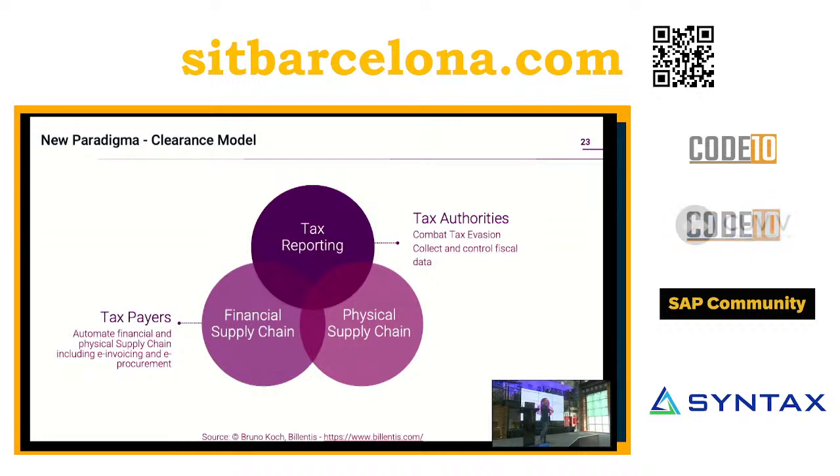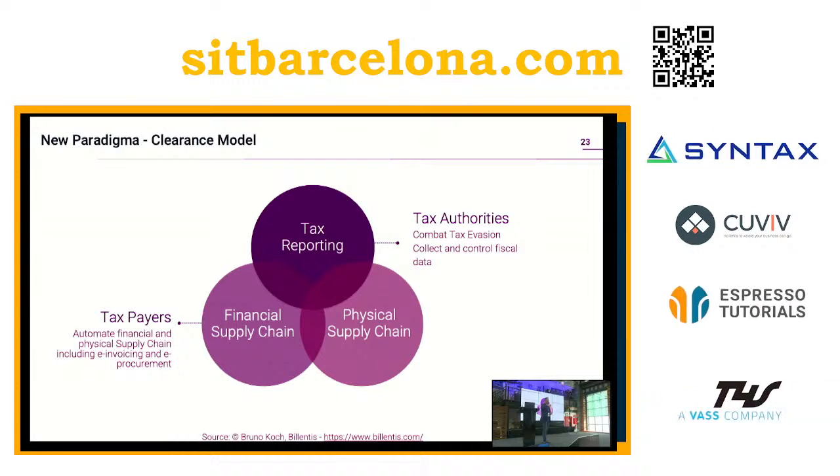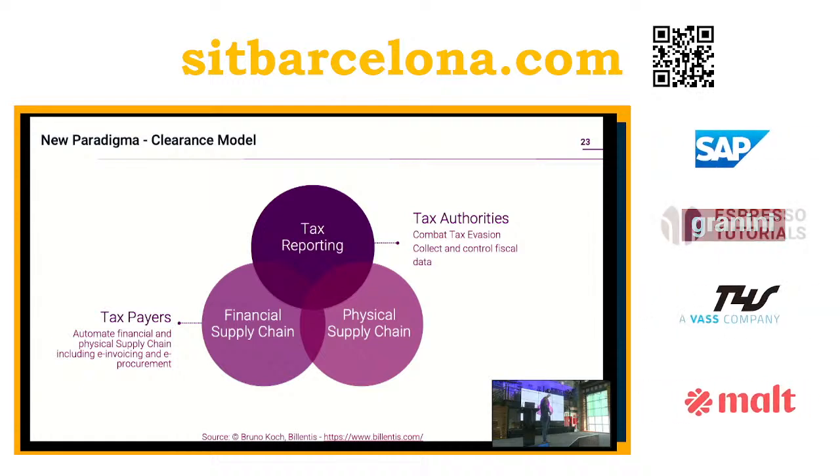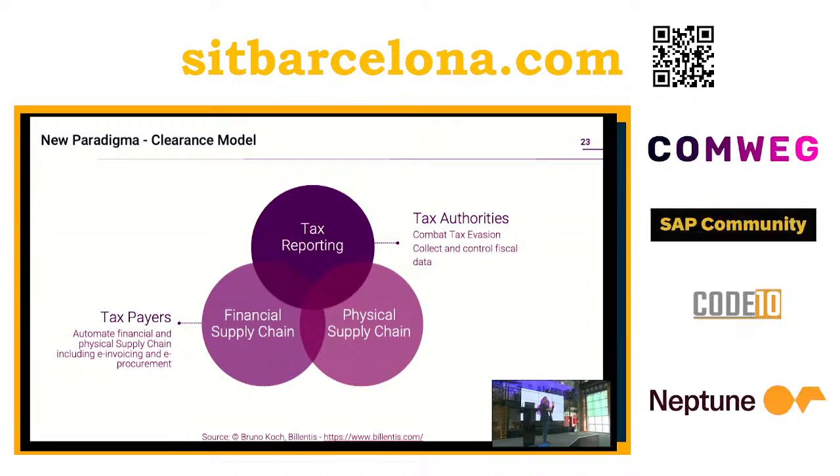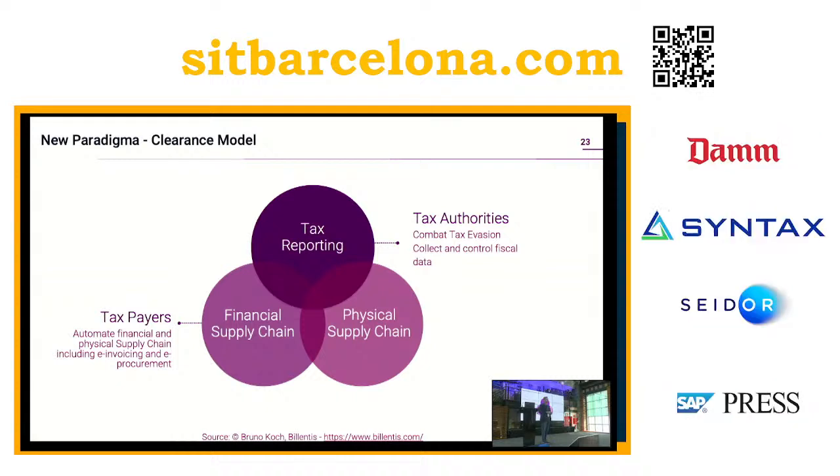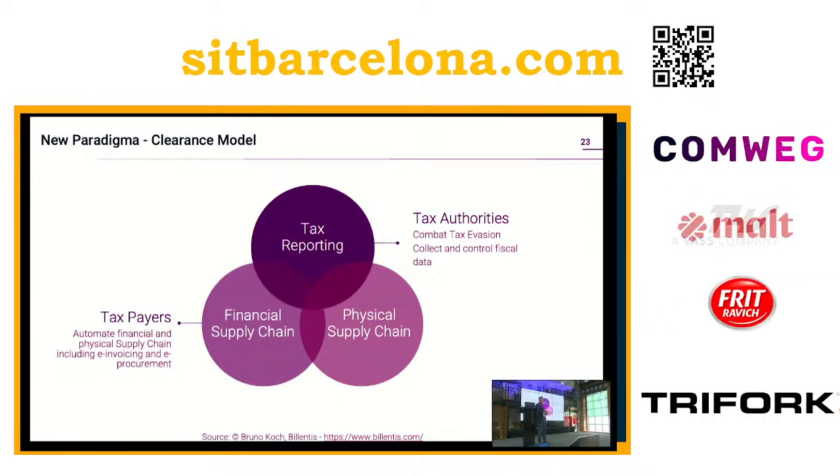When you sell something, you have to report in real time to the tax authority, informing them about the electronic invoice and how much tax you have declared in your invoice, so that they know everything about this financial transaction in real time.